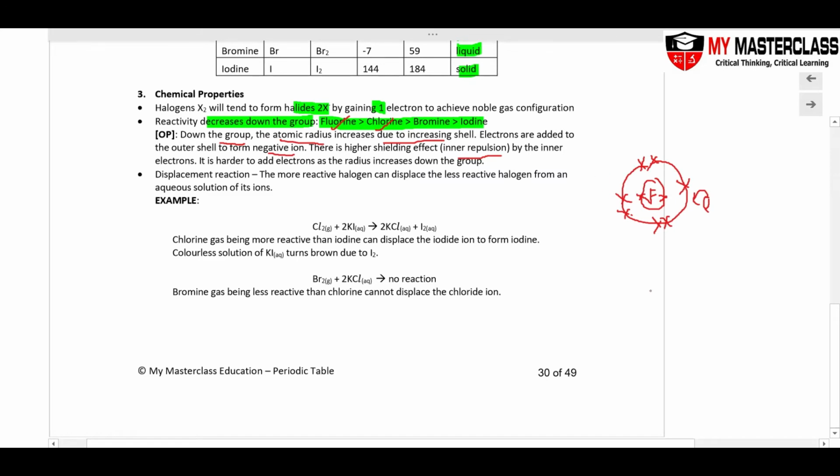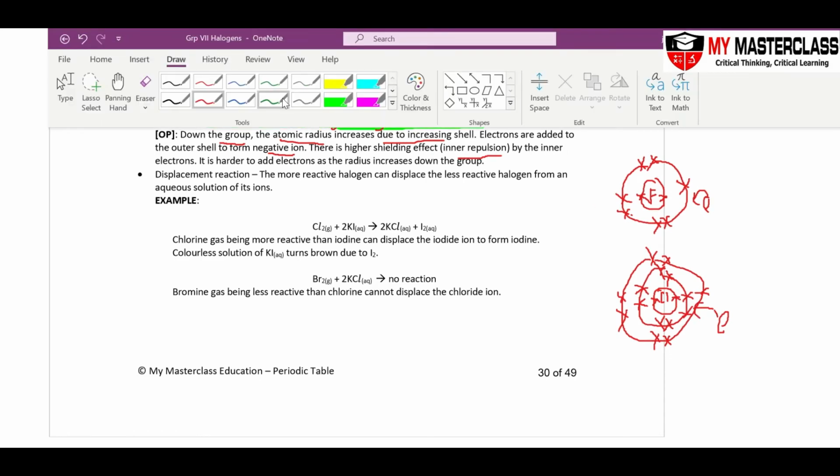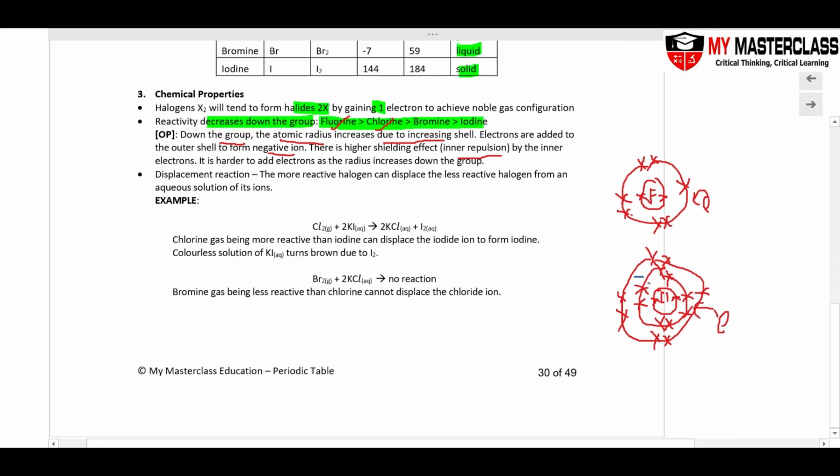So if I compare fluorine with chlorine, chlorine is 2, 8, and 7. So 2, 8, and 7. Right, so when I try to add the electrons inside, there are more negative electrons inside chlorine as compared to fluorine, right?